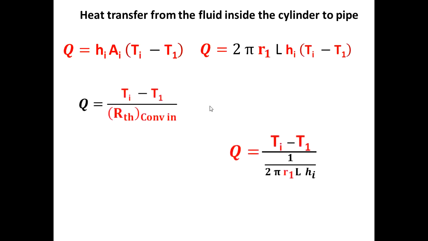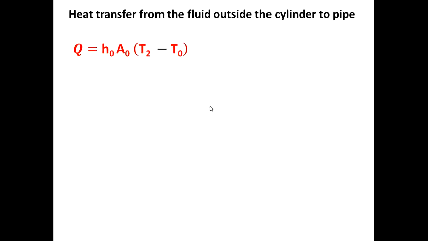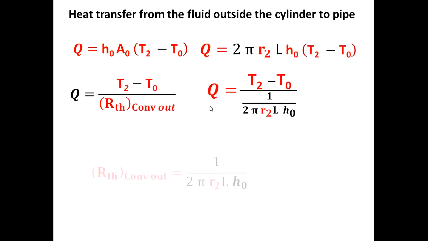The convective resistance is 1 divided by 2 pi r1 l hi. No k, only h, because it is convection. Similarly, externally with h0 and R2, the convective thermal resistance outside is 1 divided by 2 pi R2 L h0.